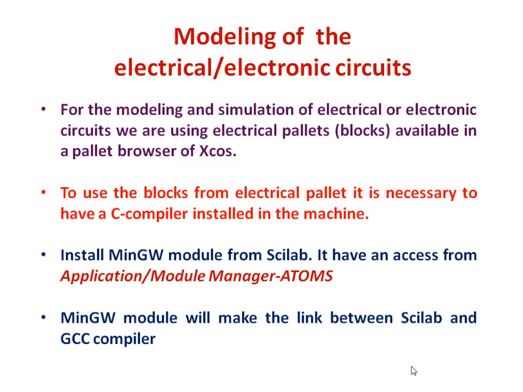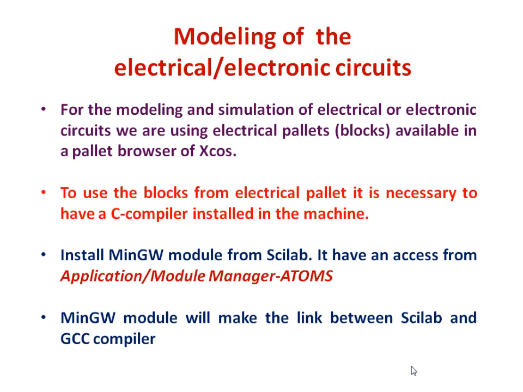It has access from the application module manager ATOMS, in which you find the Windows tools, and from there, according to your requirement of a machine, either 32-bit or 64-bit, you can install the MinGW module. This MinGW module will make the link between Scilab and the GCC compiler.